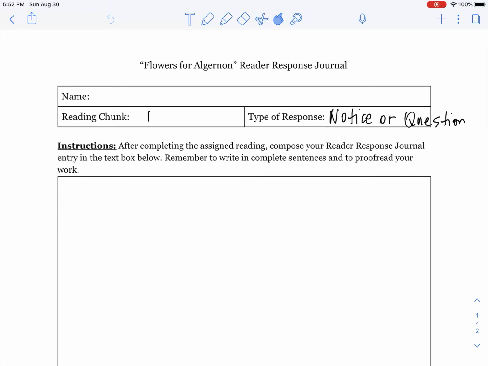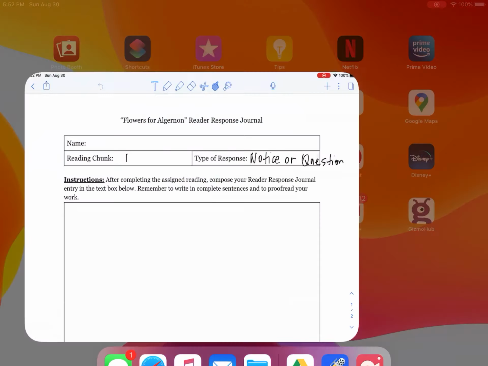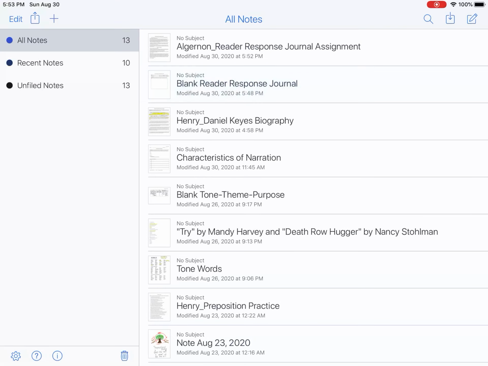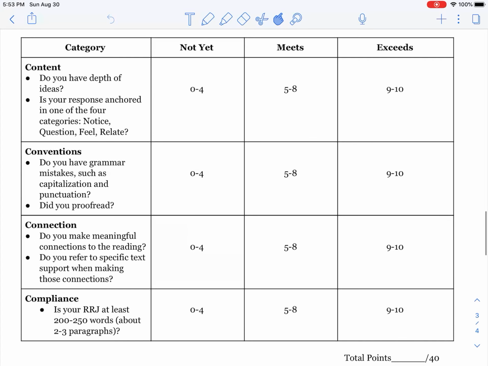Okay, so you need to do a word count. Let me first go over the rubric. The categories on the left here, we're looking for your content. Do you have good ideas? Do you develop them?